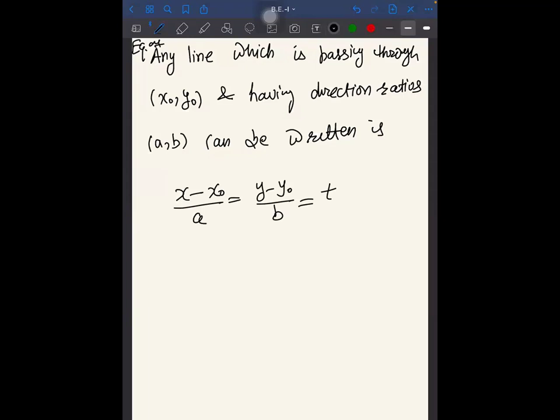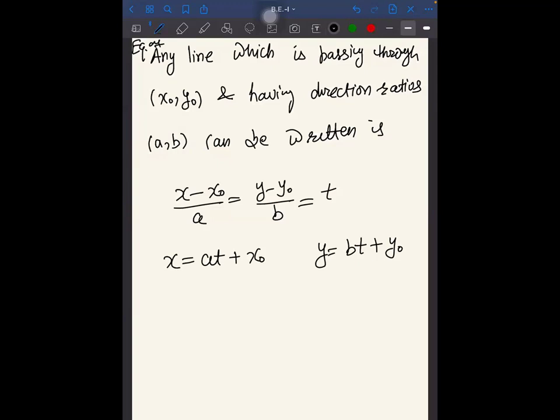So any (x, y) on this line can be written as (at plus x naught, bt plus y naught), for different values of t.